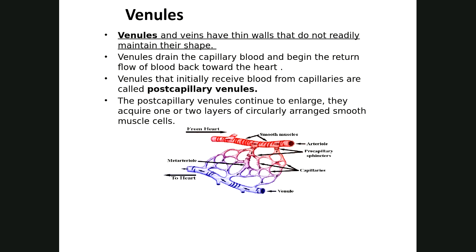So on our way back, the first vessels away from the capillaries are the venules. They have thin walls and often do not readily maintain their shape. They drain the capillary blood and return the blood to the heart.